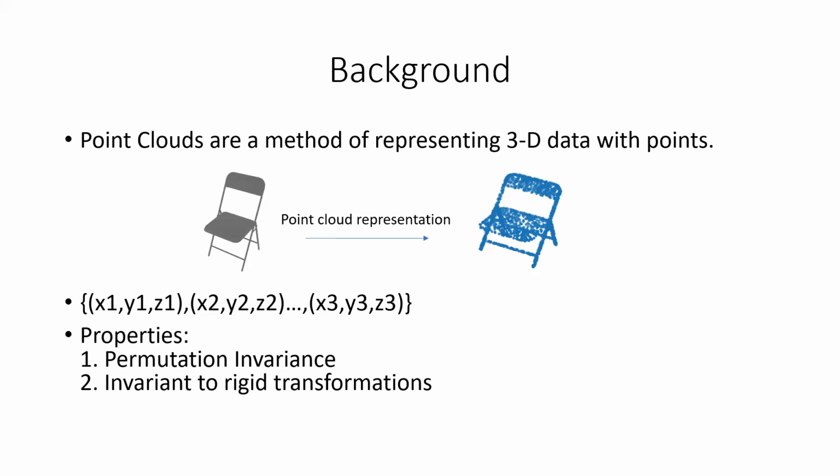Yeah, Jay, one question. Do you know other representations where this property doesn't really hold? Meshes. So meshes are basically triangular vertices, and how they're represented is you'll have vertices x1, y1, z1, x2, y2, z2, x3, y3, z3, and you'll have faces which are composed of three vertices.